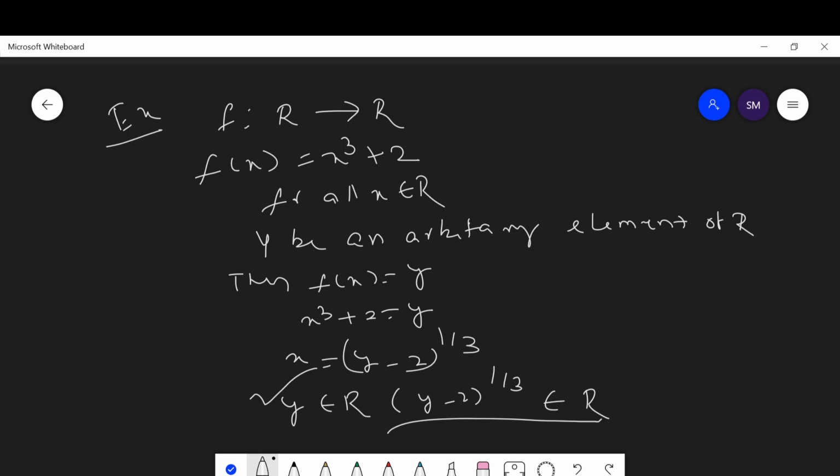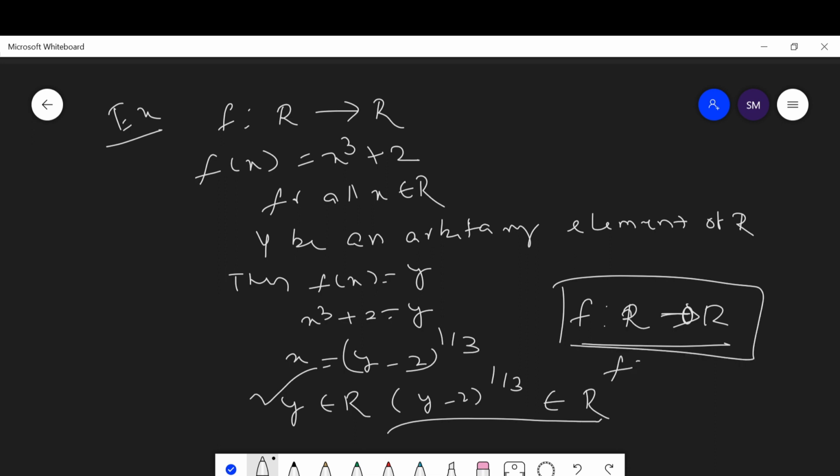This means f is an onto function from R to R, f(x) = x cubed plus 2 is an onto function.